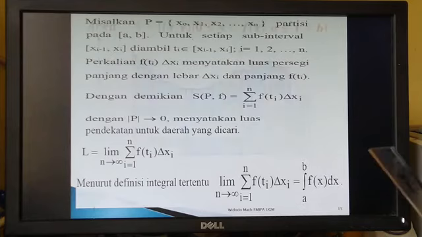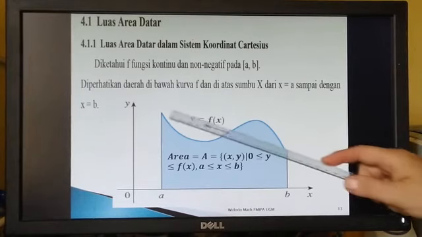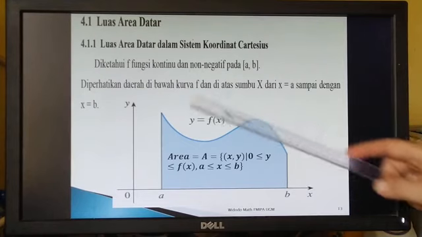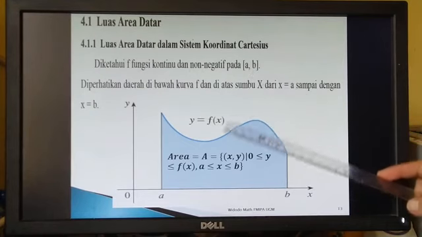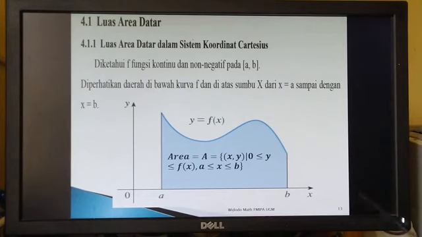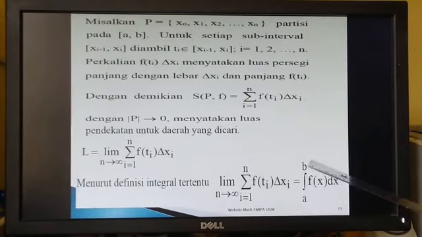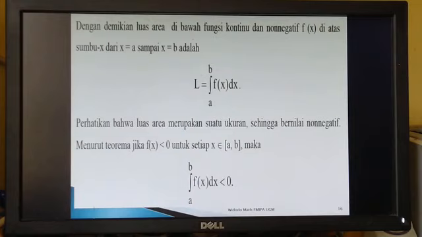So the conclusion is that if f is non-negative and continuous on the interval [a,b], then the area L is equal to the integral from a to b of f(x) dx. This is the formula.